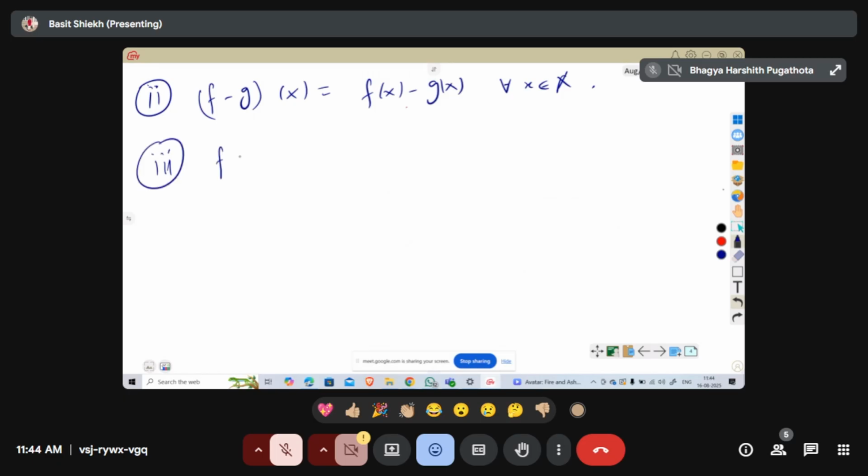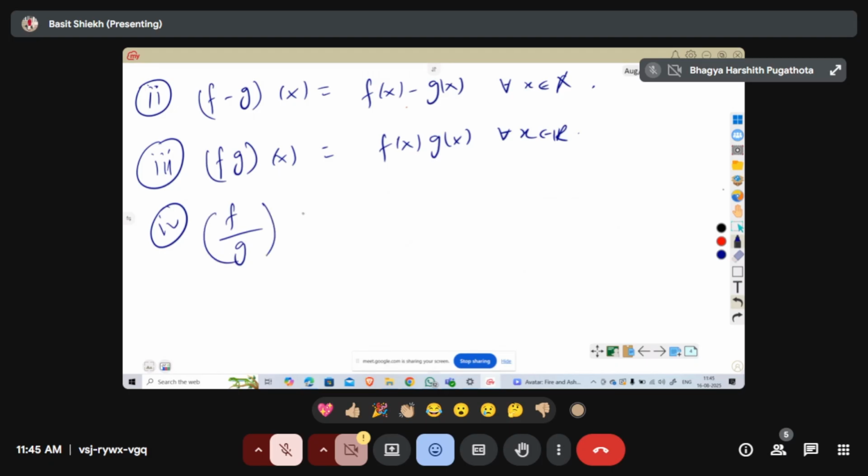So f into g of x can be written as f of x into g of x for all x belongs to X. And f divided by g of x equals f of x divided by g of x for all x belongs to X, and here one more condition, g of x not equal to 0.